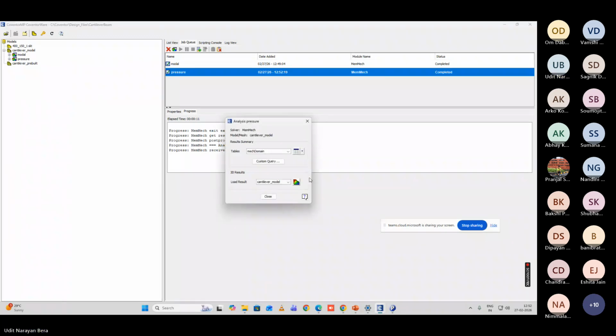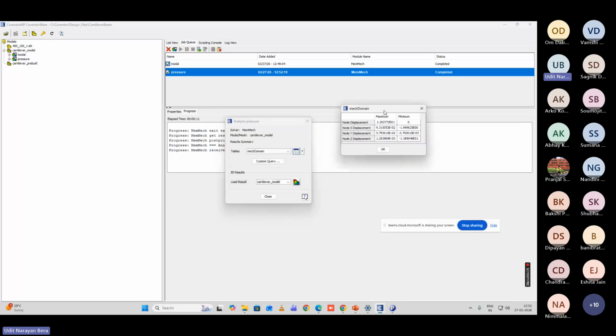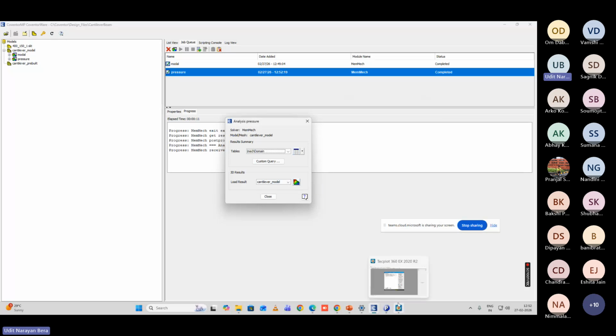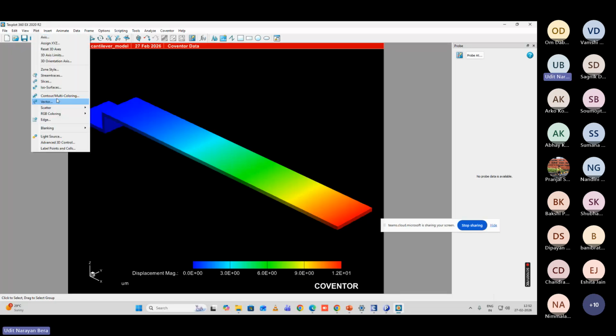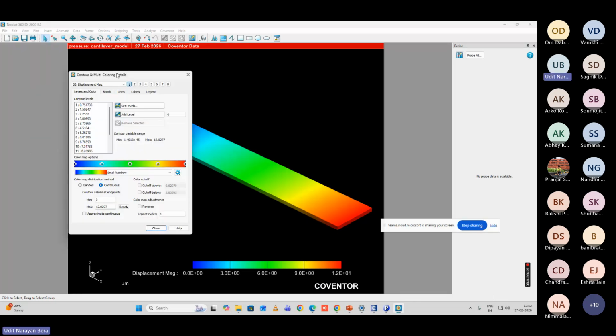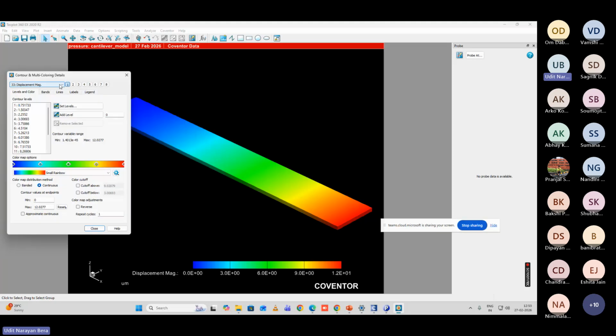In make domain, you can also see the displacement here, but it will be better to see what is the displacement and what is the stress generated. Now, plot, go to contour plot. Here you can select displacement.